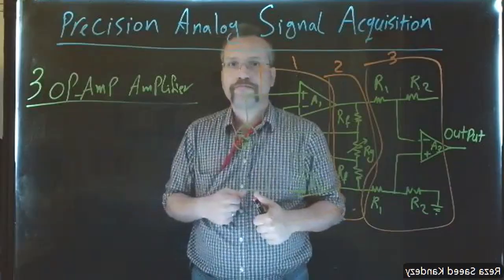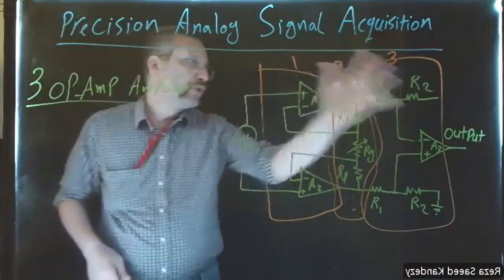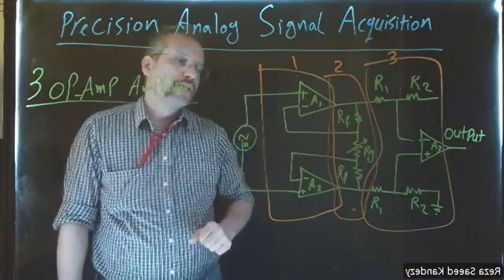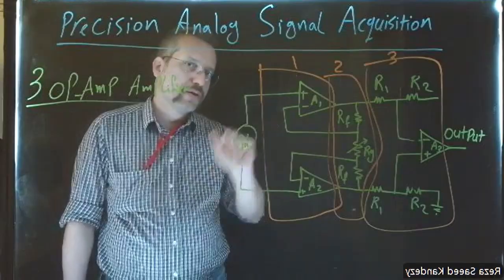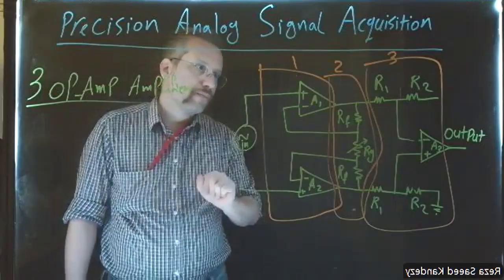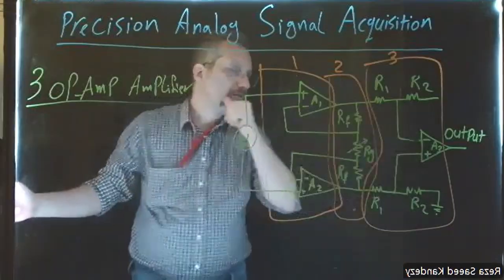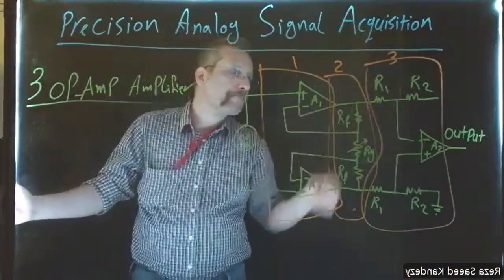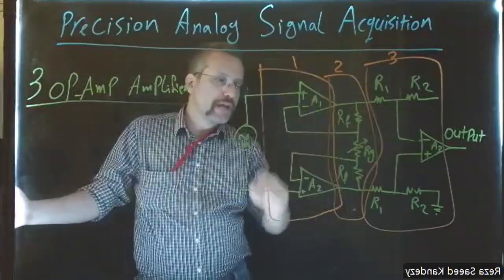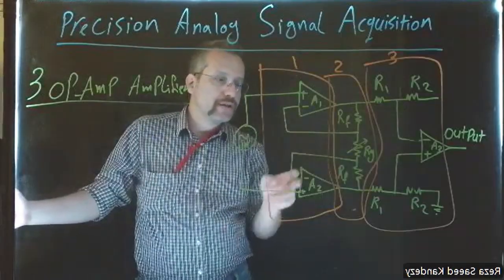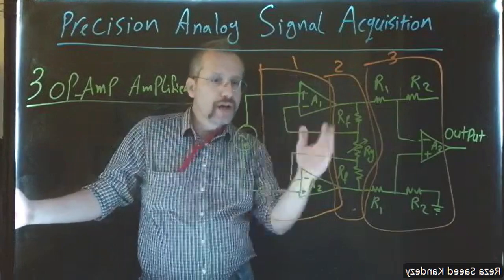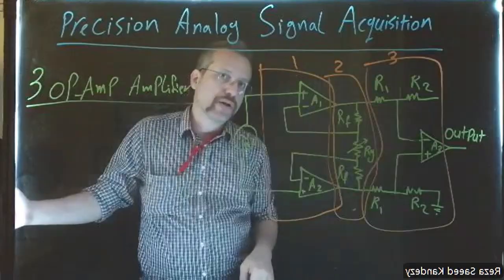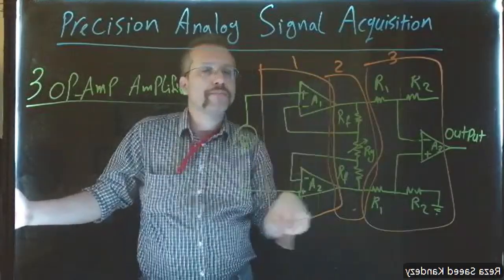3-op-amp amplifier. Now, here you can see the circuit of the 3-op-amp amplifier. We have our input, that faulty, weak, noisy signal. The 3-op-amp amplifier has 3-op-amp in the name. The first stage of the circuit is op-amp 1 and 2, which works as a buffer to isolate the input from the rest of the circuit. This is the first block.